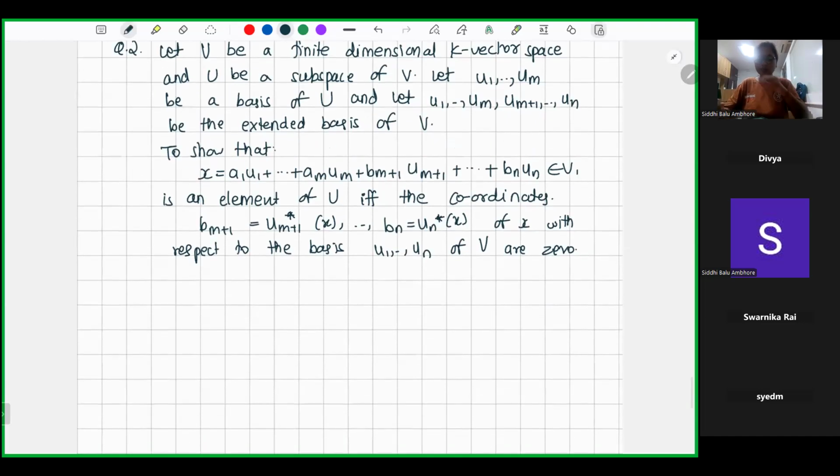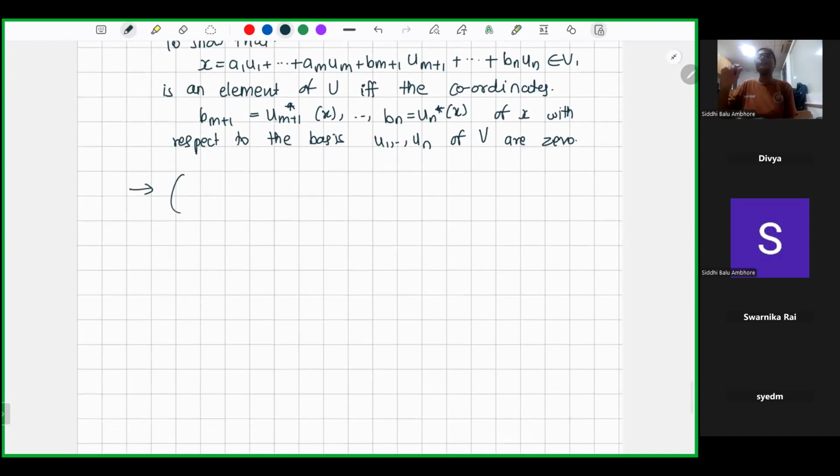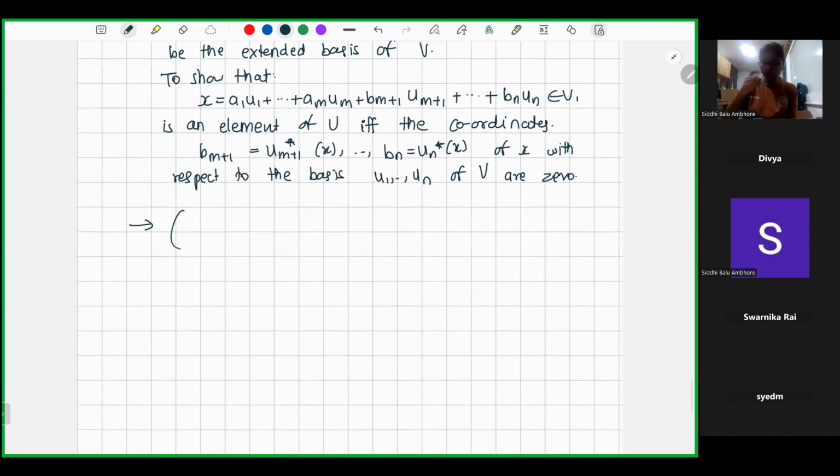So basically what we have to show is, understand the question. We are given this basis u1 to um of U, and then they are writing this element x as some linear combination of a1 to am and b(m+1) and so on.